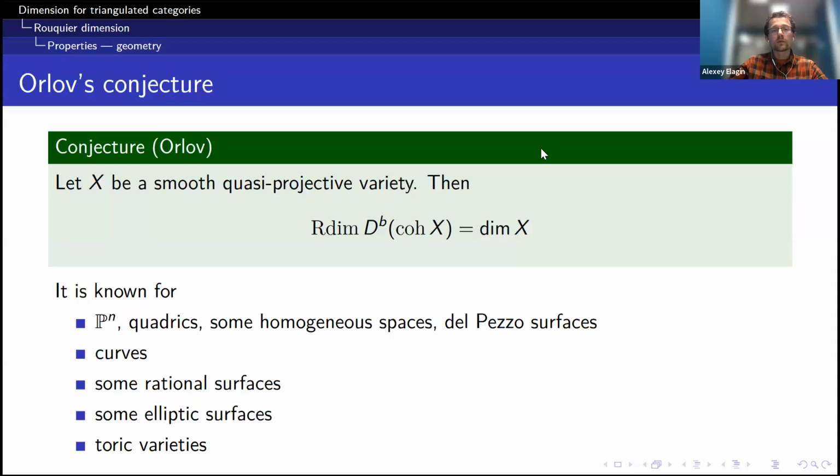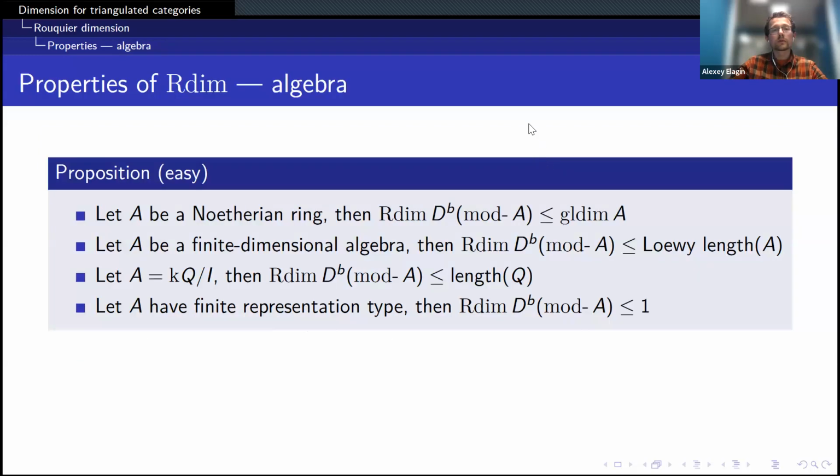Okay, so now let's return to this discussion. Now let's consider triangulated categories coming from algebra, derived categories of modules over some ring.